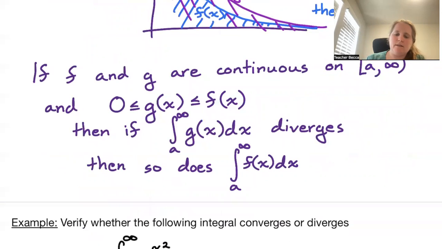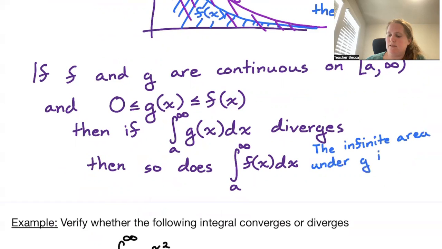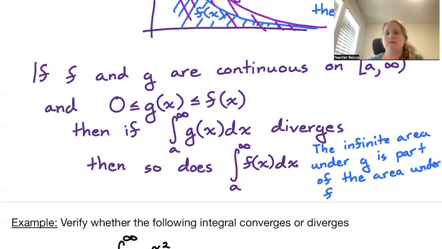Essentially, in this case, what we get is that the infinite area under g is part of the area under f. And so that would make the area under f also infinite.